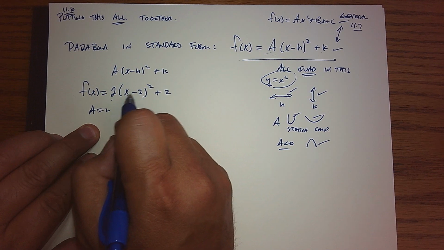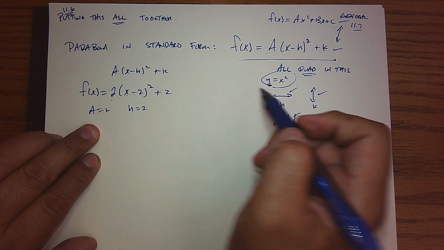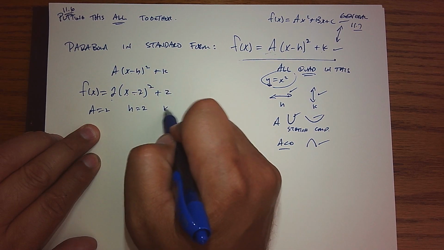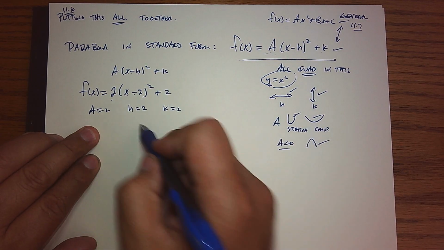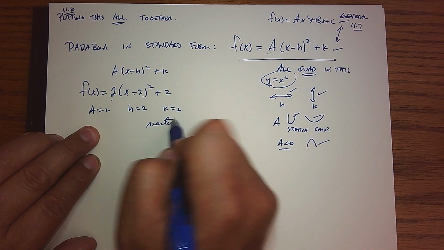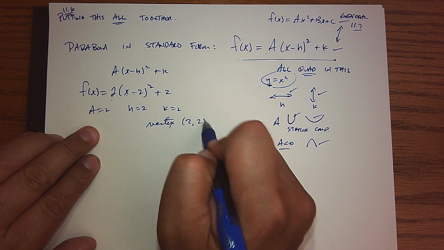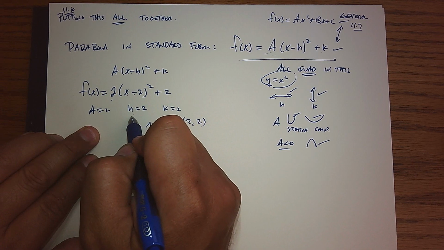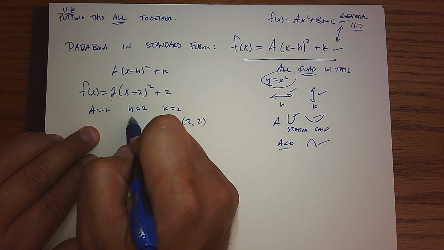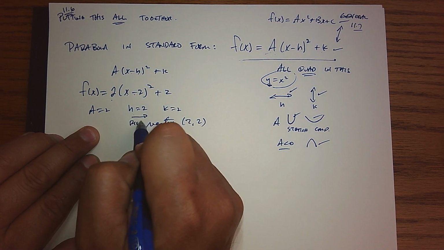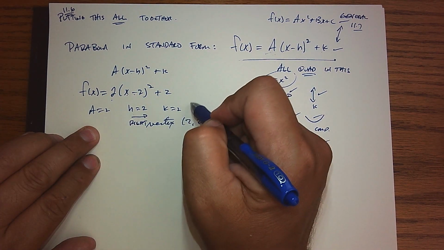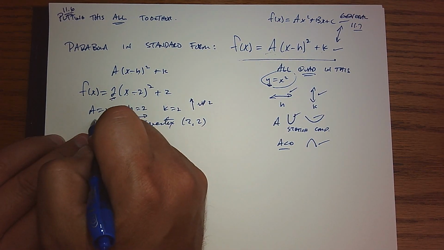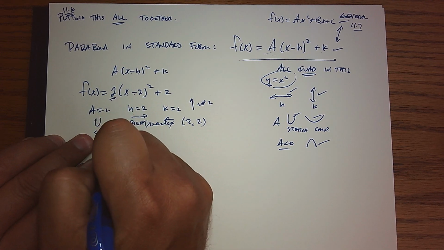We have x minus 2, so h is equal to 2, because h is in a subtraction statement, and then we're adding k, so k is equal to 2. So our vertex is going to be at the point 2, 2. Since h is 2, that means we're subtracting 2, so we're moving to the right 2 places. K tells us we're moving up 2 places, and this 2 right here says that we're going to be a little skinny. We're going to be a stretch.